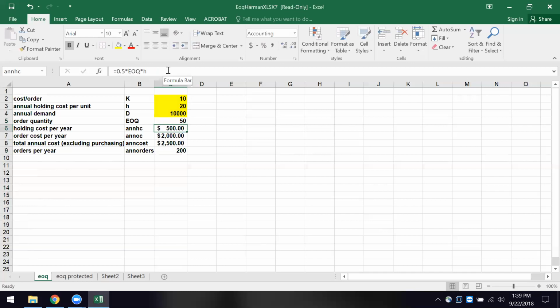All right. Now, let's talk about this for just a moment, because we've made a management decision. We want to slash our orders in half. And to do that, we said, okay, our economic order quantity, and we'll go back up here, is our assumptions up here about cost per order, annual holding costs, and the annual demand.